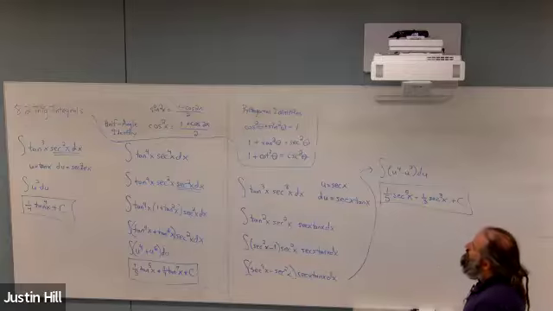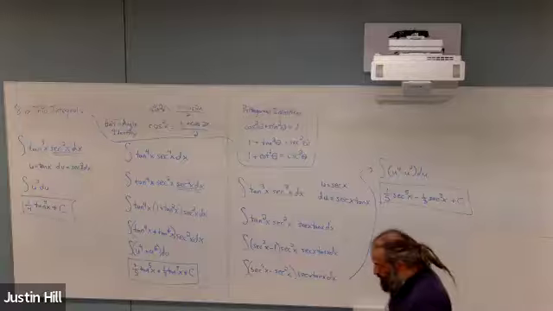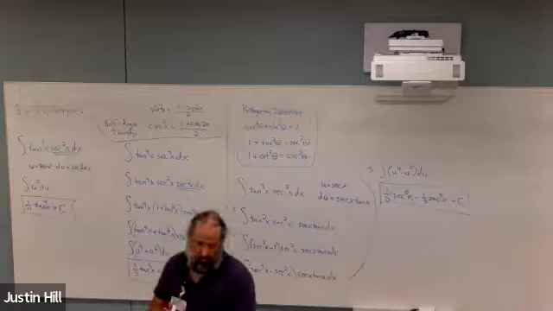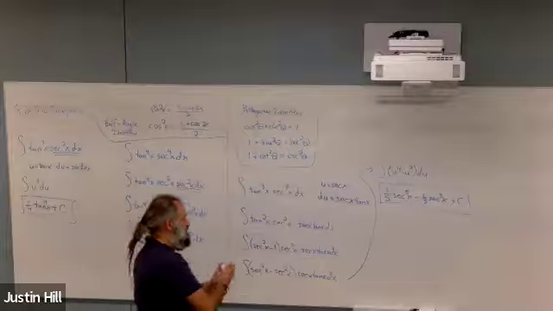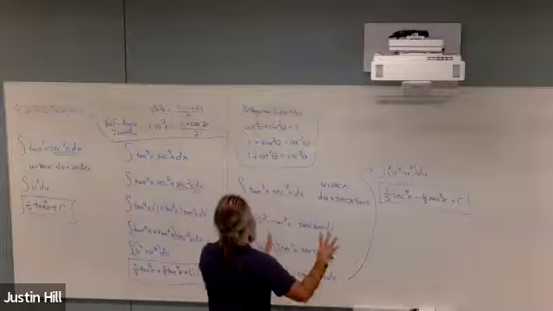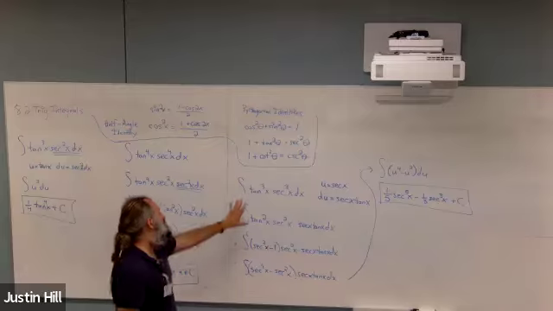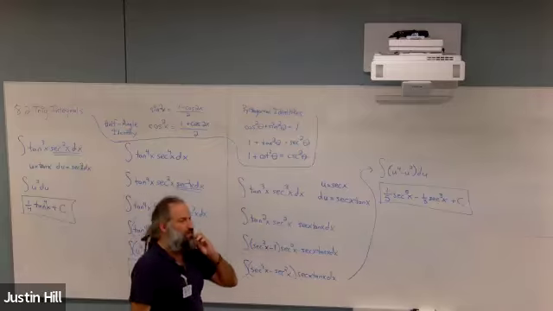Tangent. So basically, if I was to mimic what I did with sine and cosine, then the next thing we'd look at is problems where you just have tangent to a power or secant to a power.